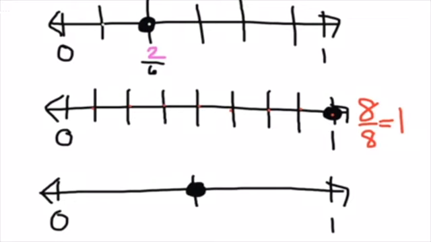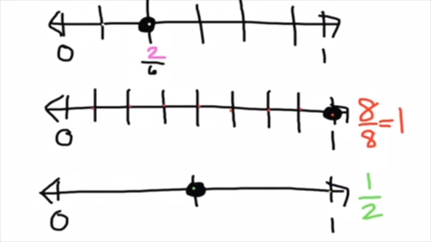Now the last one. We only have that tick mark and then the one on the end, because we don't count 0. There was 1, 2 tick marks. So your denominator was a 2, and your numerator should have been a 1. That was the first tick mark.